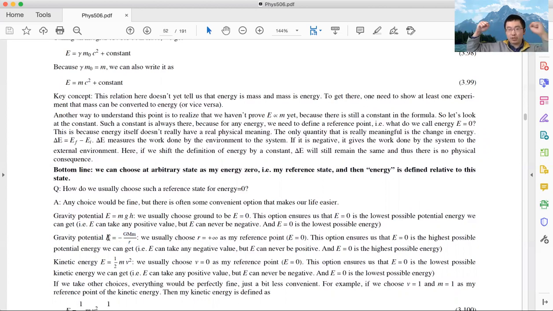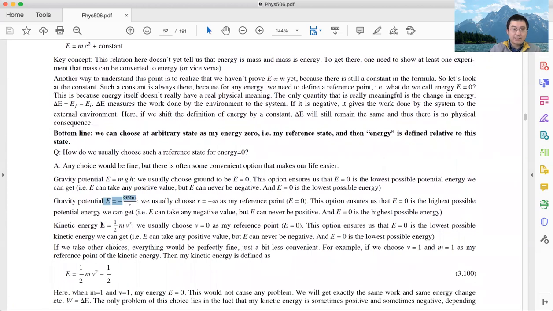When these two masses are infinitely far away, we choose that to be my energy zero, the reference point of my energy. If I choose that to be my energy zero, then this equation is what we have. If I don't choose infinitely far away as my energy zero, then I can add an additional constant here. If I add an additional constant here, nothing changes. All the fundamental physics laws stay the same. It's just that the reference point becomes different.